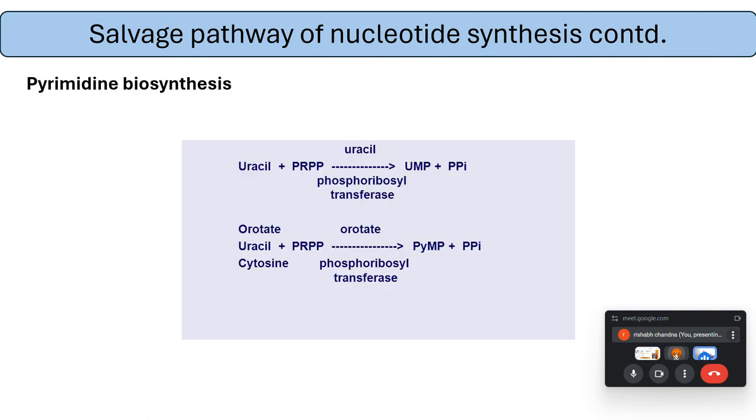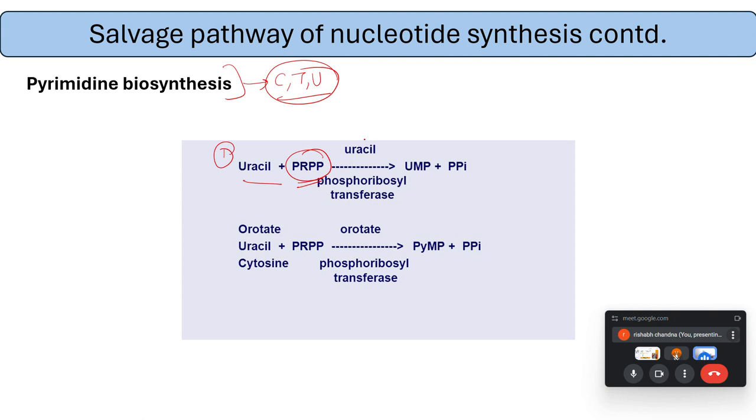First we'll study pyrimidine biosynthesis. As we know, pyrimidines are cytosine, thymine, and uracil. For uracil, it is directly attached to PRPP, that is phosphoribosyl pyrophosphate.